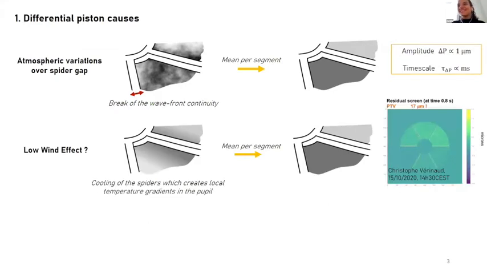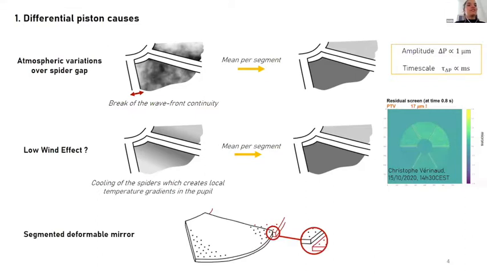I didn't expect such high differential piston due to a low wind effect. And then I also wanted to mention the segmented deformable mirror, which, depending on the command loop, can also introduce differential piston, because it consists of 6 independent shells.